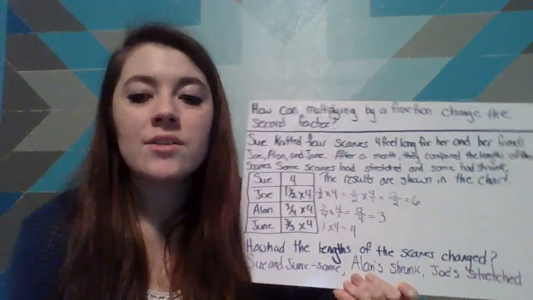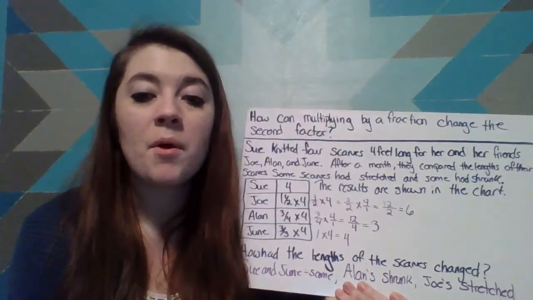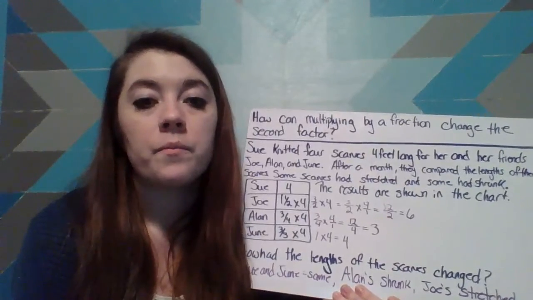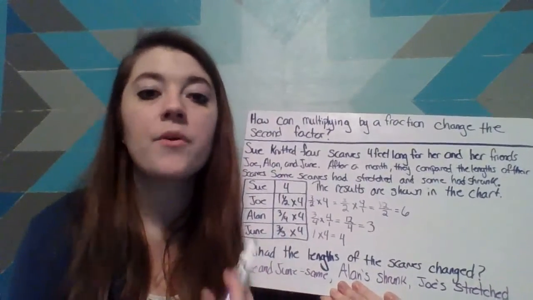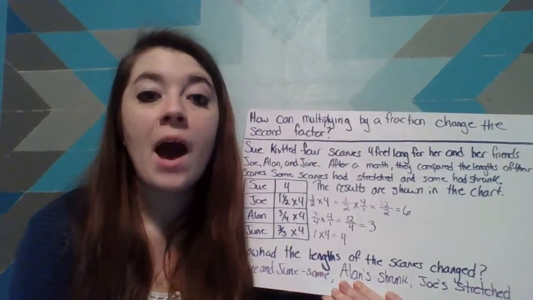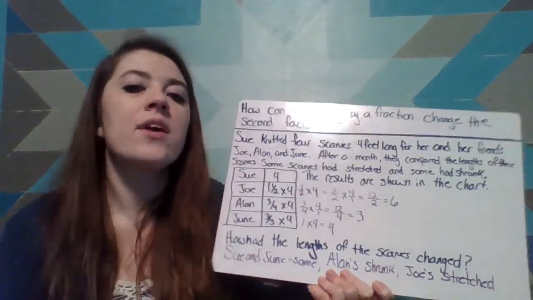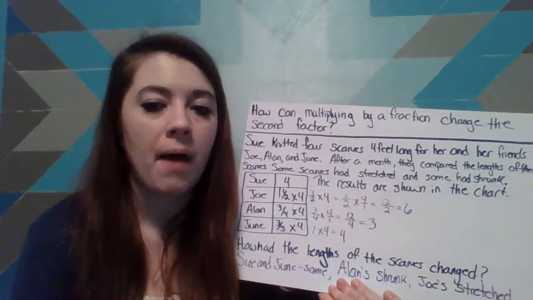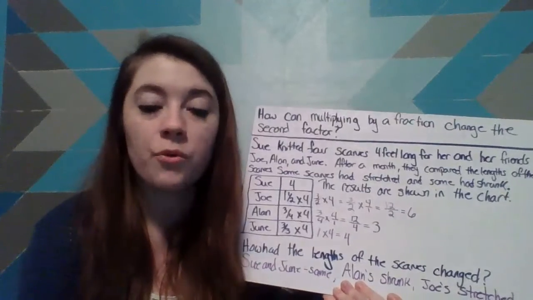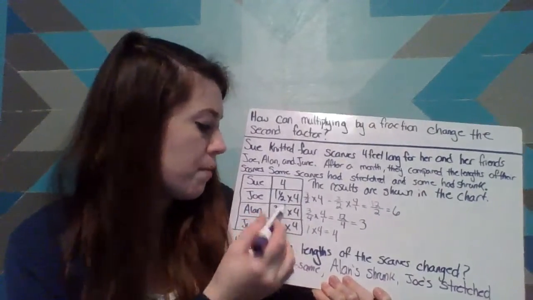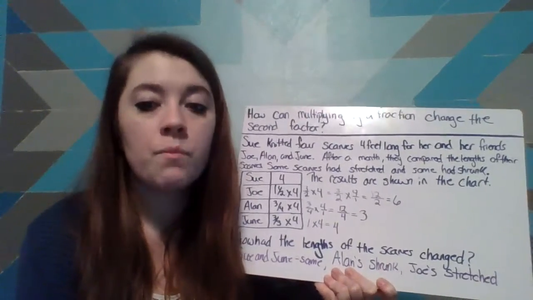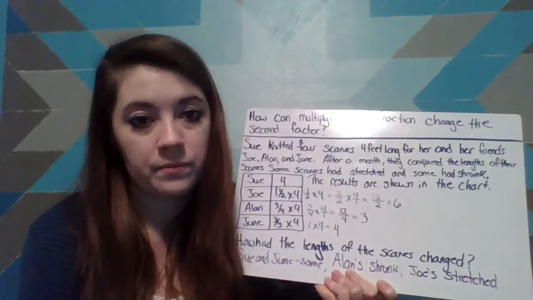Now, part of your assignment will be to determine whether or not the scarf would have shrunk or gotten bigger without having to multiply. So how we can tell this is by what we're multiplying by. If we're multiplying by a number less than 1, so 3/4 is less than 1, if we multiply by anything less than 1, it's going to make it smaller.